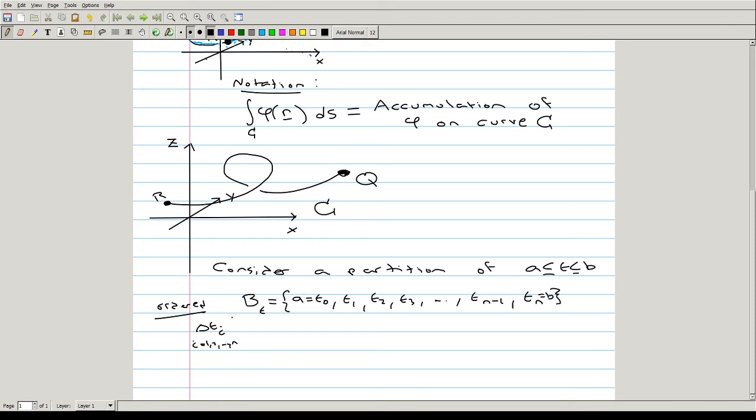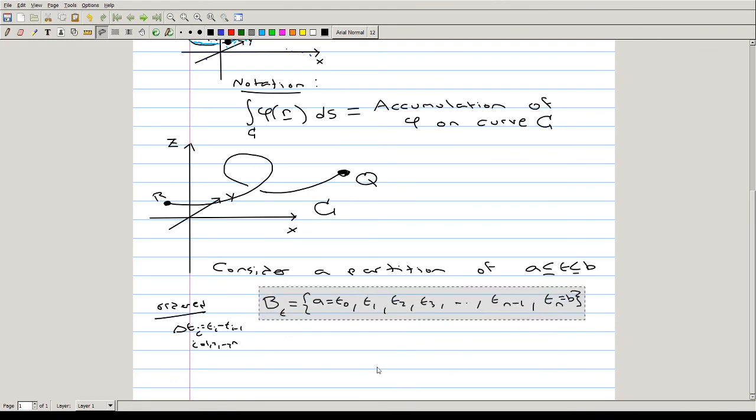That's just going to be t_i minus t_{i-1}. And this should be familiar if you remember your concept of Riemann sums from a Calculus 2 class, or an integral calculus class.